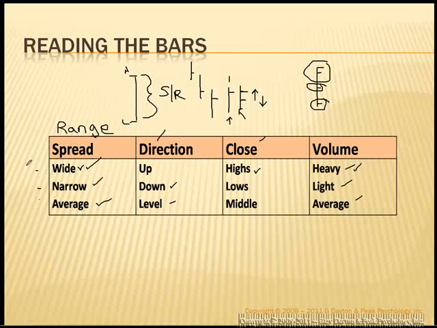We can have a narrow range bar closing level with the bar before it, closing in its middle on average volume. We can have an average spread bar that's up, closing on its highs on heavy volume. We can describe any bar by this nomenclature. Any questions on that? Does that seem pretty straightforward to everybody?